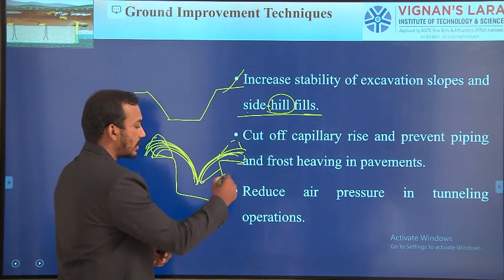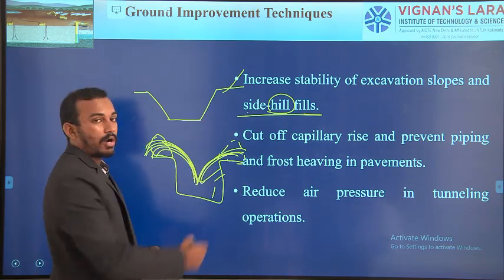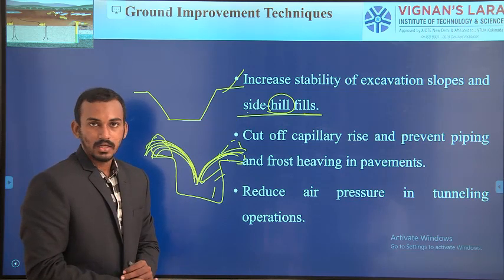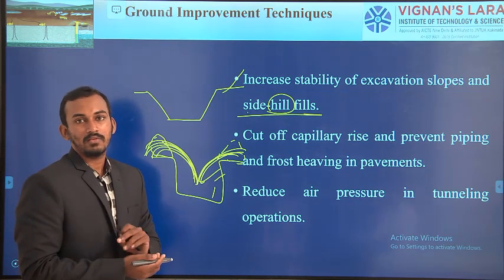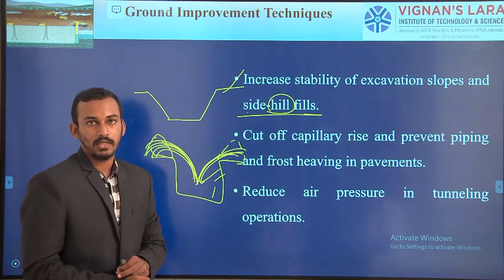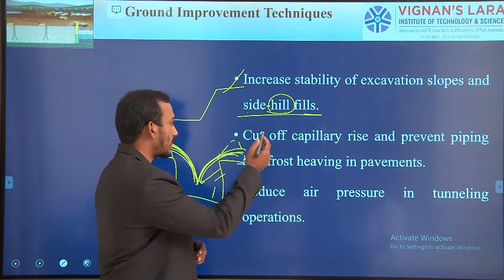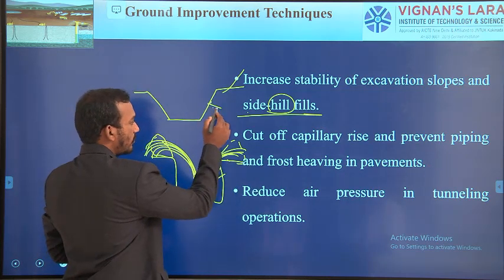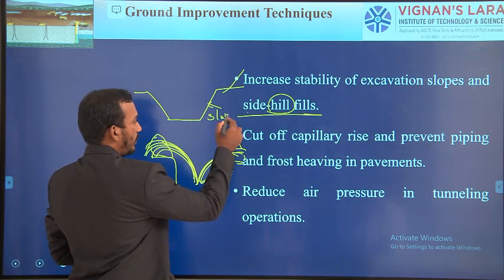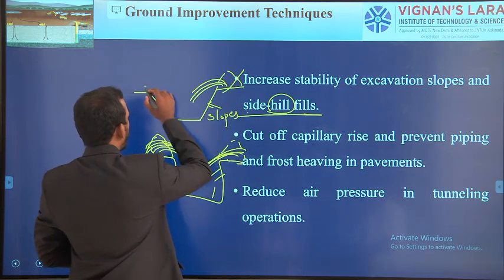These have high chances to fall into the excavation pit, but here the chance to fall into the excavation pit is very low. So whenever we carry out excavation work, we generally carry it out in a trapezoidal shape. We do not do an exactly rectangular shape. So, increase the stability of these excavation slopes and the backfill or the side hill fills.